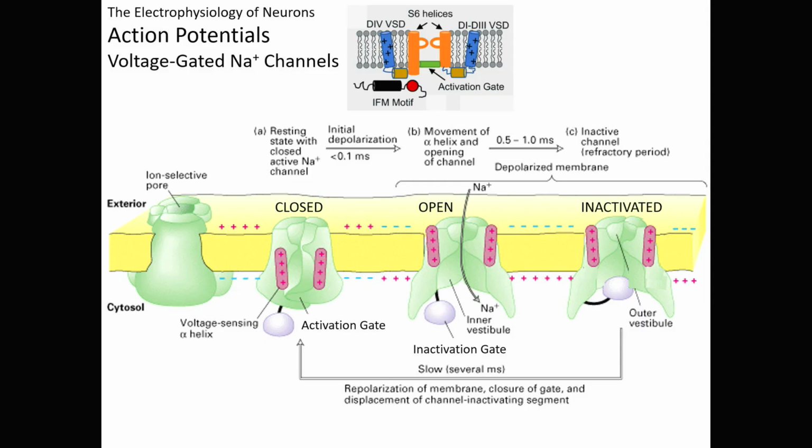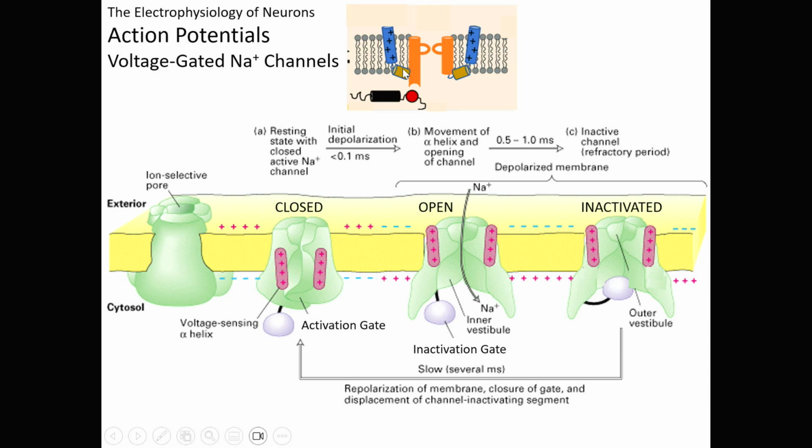What you'll notice is that when we go into the open configuration, because of the movement of those voltage sensors, and that triggers the activation gate to open, if you pay close attention to this little region here, notice how it undergoes a conformational change.